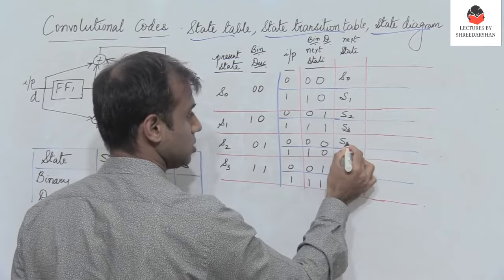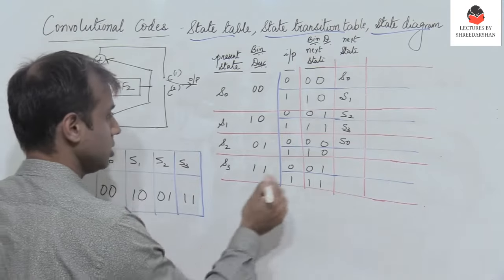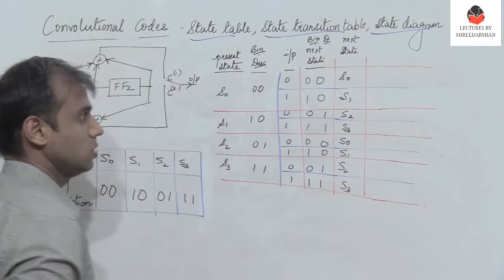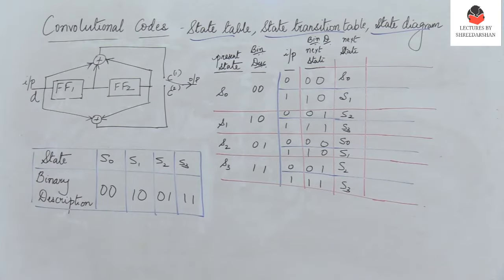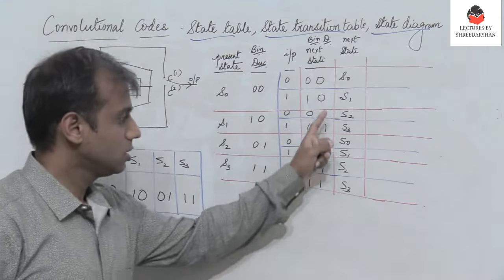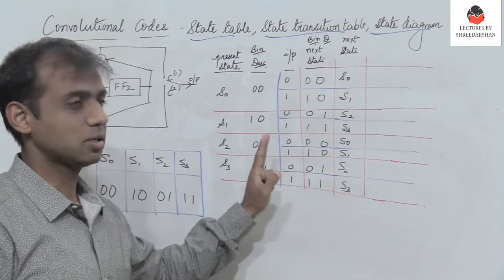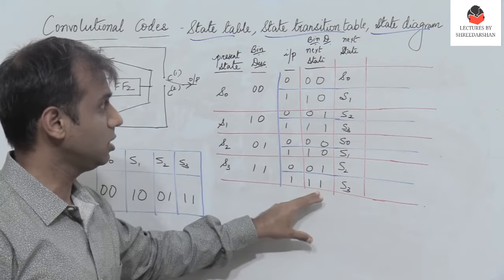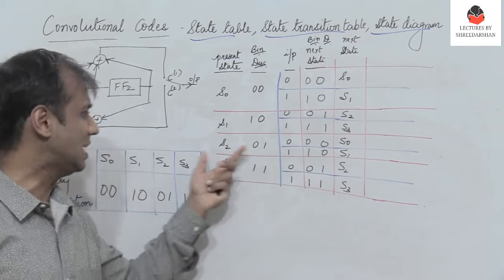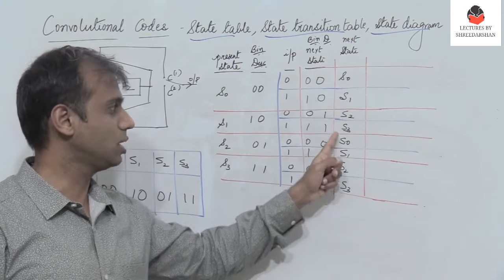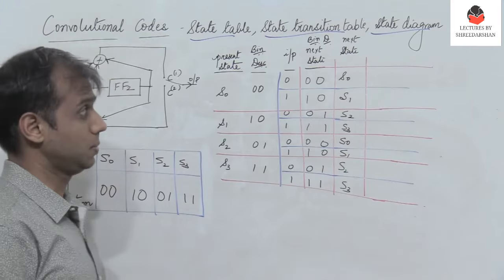Then again I have S0, 1, 0 is S1, S2 and S3. So I have S0, S1, S2, S3, S0, S1, S2, S3. Just remember, this happens to be the next state, but here I have written the binary description first. When I write the binary description, it becomes easier for me to indicate, because S0, S1, S2, S3 is only an indicator here.